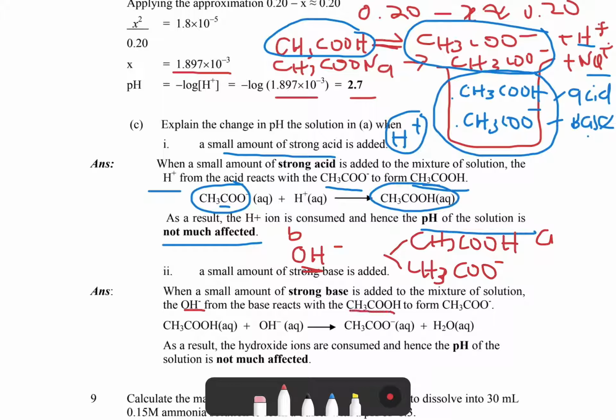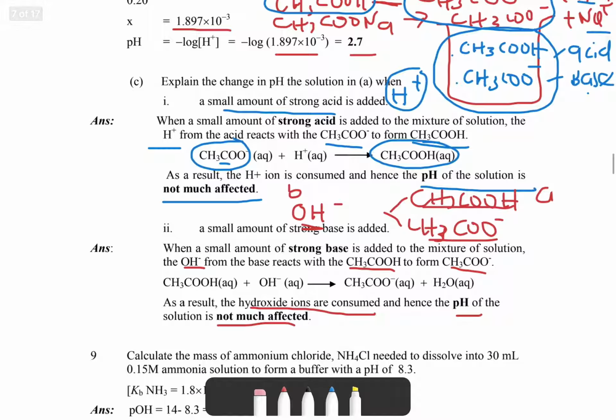So as a result, the hydroxide ion are consumed. So the pH is not much affected. Okay, sebab masuk saja OH minus, terus itu acid akan react dengan dia. So the concentrations of OH minus will not increase in the solutions. That's why the pH is not much affected.